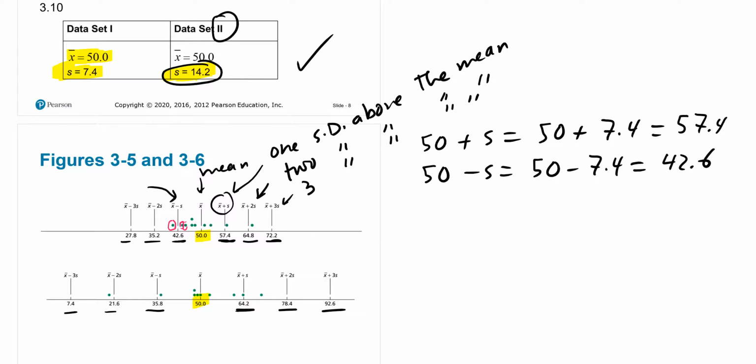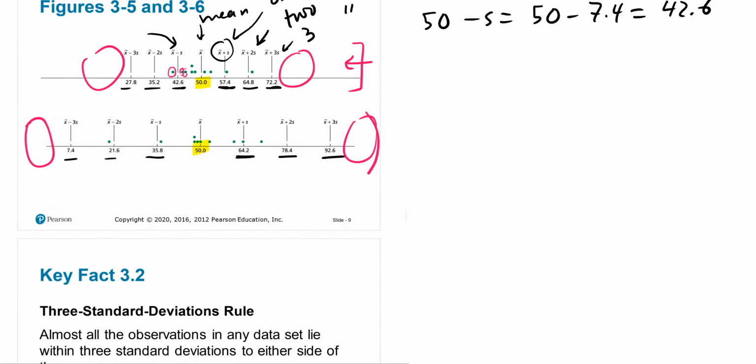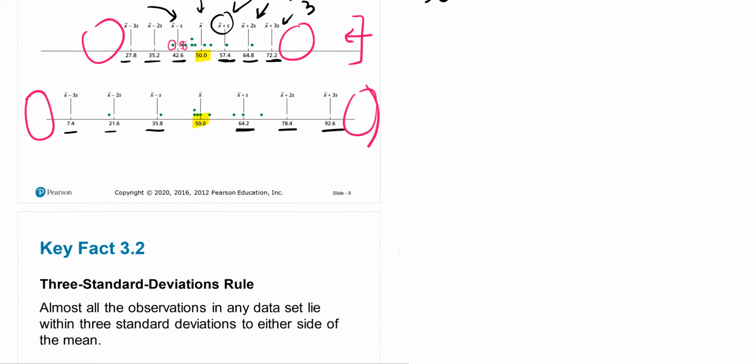Notice many things here. The first thing, look at the spread of the data. This one has a larger spread than this, right? So it's wider. That's the first thing. Another thing, if you look at the data, all the data fell within 3 standard deviations for the first one. All of them. You don't see any green dots on this side or on that side. Same thing here. You don't see any values here or there. Do you see that? So that's what the book calls the 3 standard deviation rule.